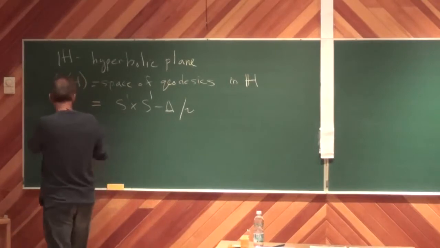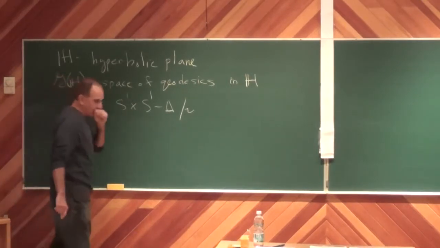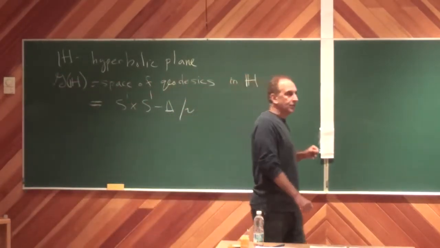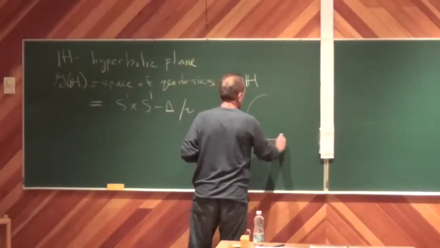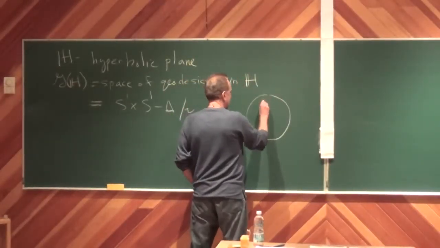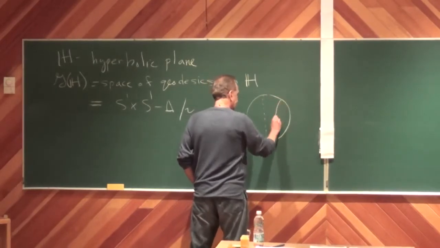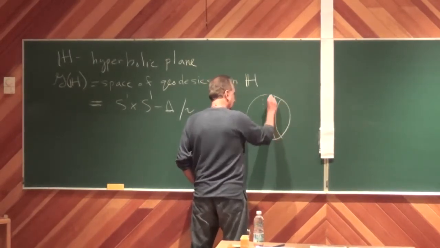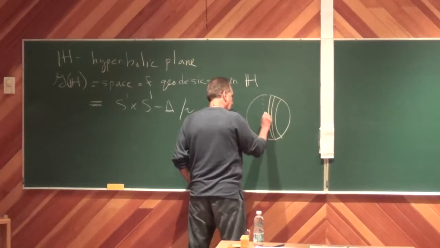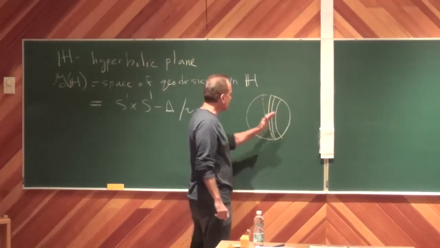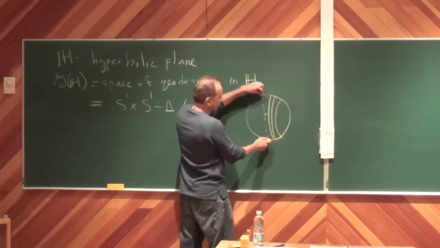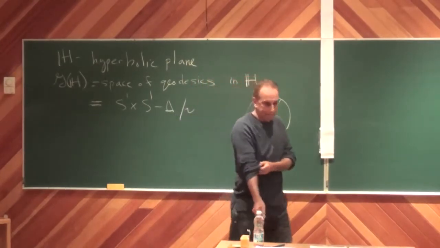So that puts a topology on the space of geodesics. And so for instance, this sequence of geodesics converges to this dotted geodesic here. These endpoints are converging to the endpoints over here.